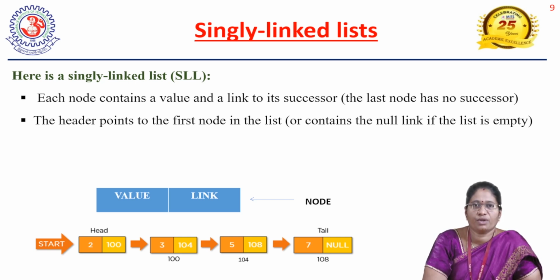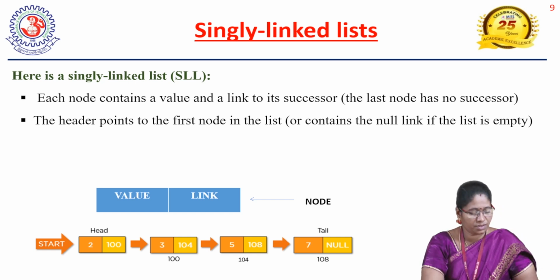That is the meaning of the 100 value. Likewise, the next node has the element 3 and connects to memory location 104. So we connect from one node to another with the help of reference addresses. This is the general idea of the singly linked list.